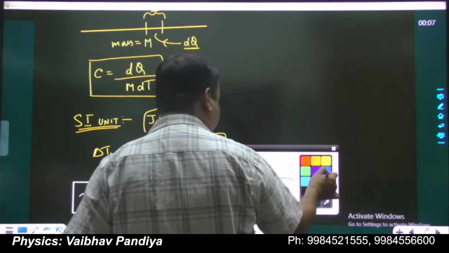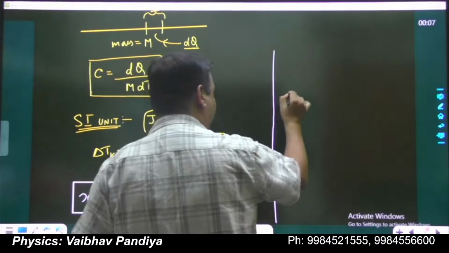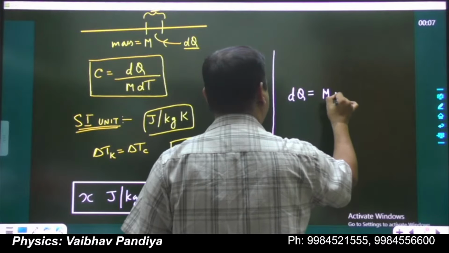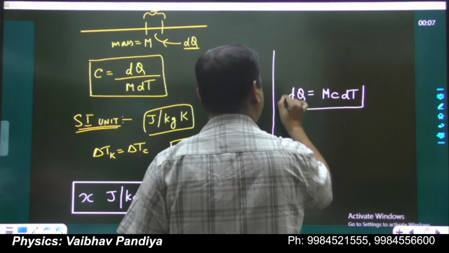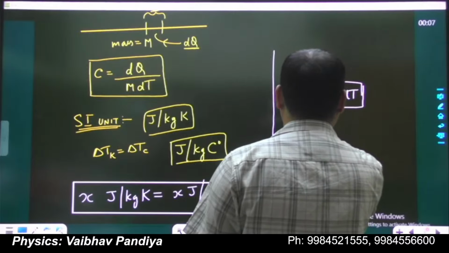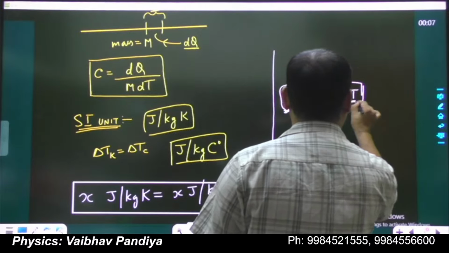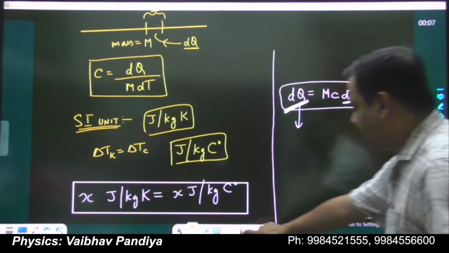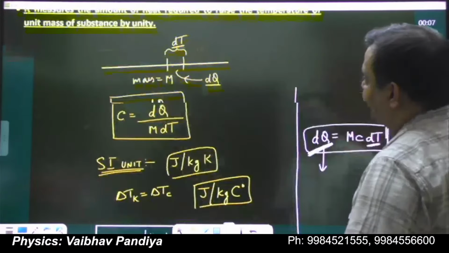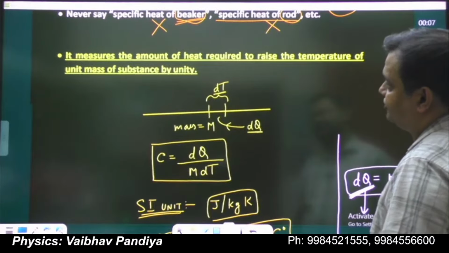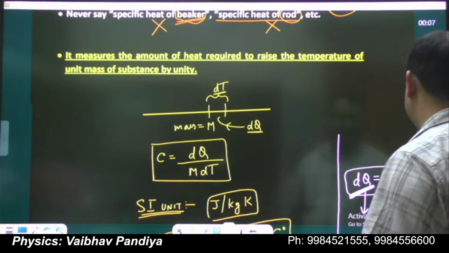Conversely, if you are making dq the subject, dq will come to be m c dt. dq is giving you the small amount of heat which is needed to change the temperature by dt, so it will come to be m c dt. Okay, so you can write the formula for specific heat, and it measures the amount of heat required to raise the temperature of unit mass of substance by unity.